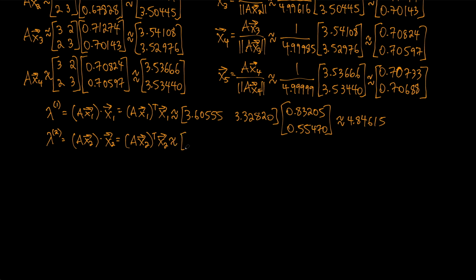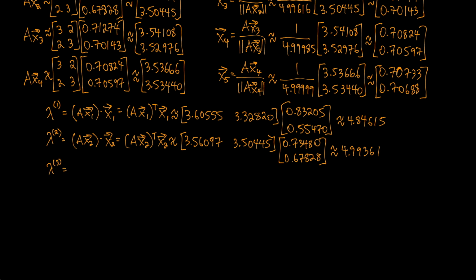So that'll be approximately [3.56097, 3.50445] times [0.73480, 0.67828], as we previously got, and that'll end up becoming 4.99361. So we are getting closer to 5.